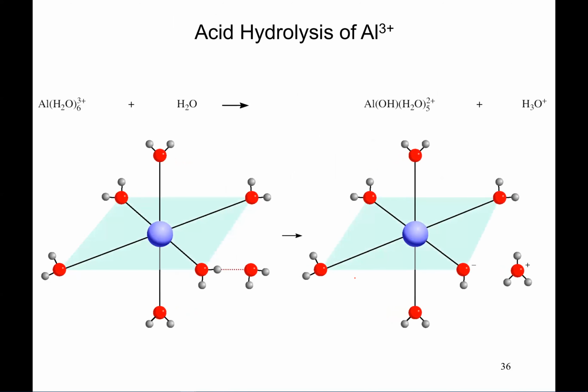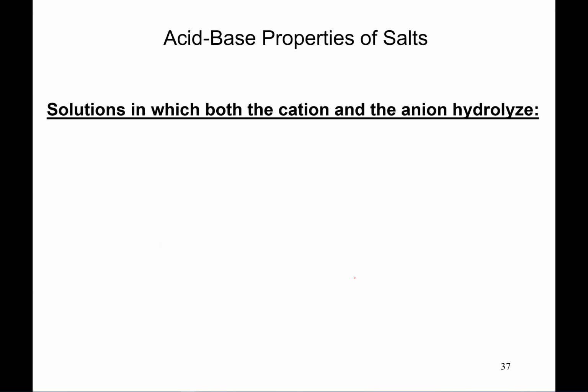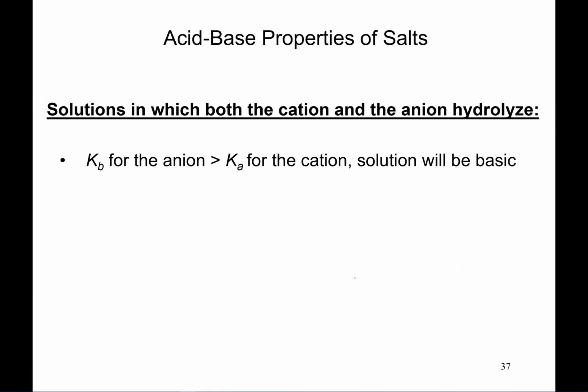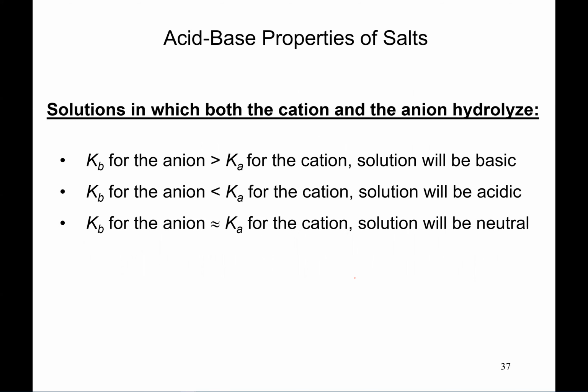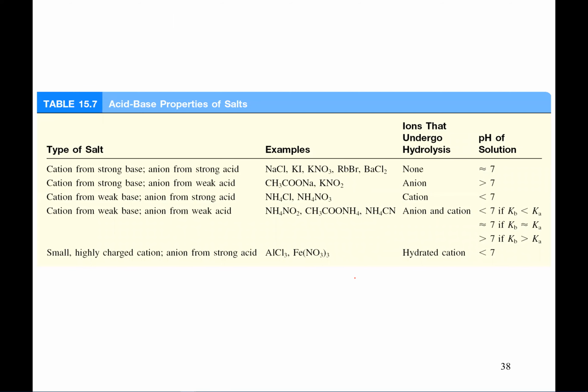Acid hydrolysis of aluminum, like that. For solutions where both the cation and the anion hydrolyze, if the Kb for the anion is greater than the Ka for the cation, the solution is basic. So here's a good table that indicates these.